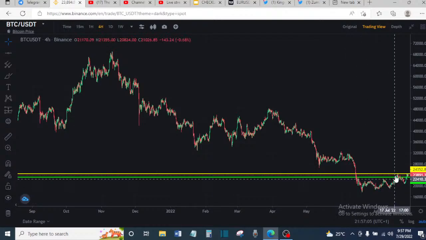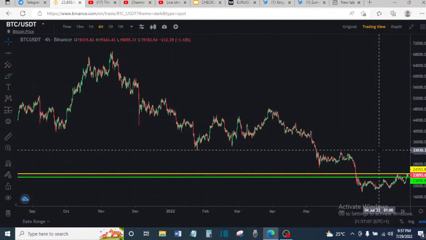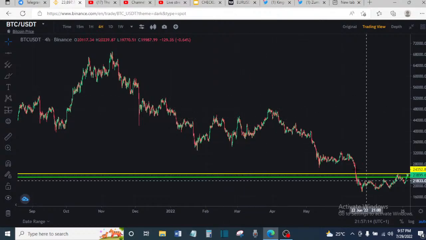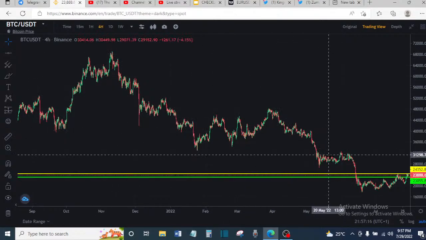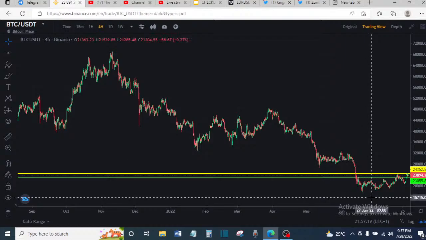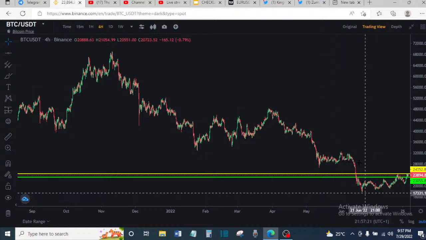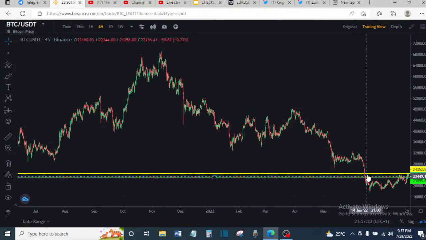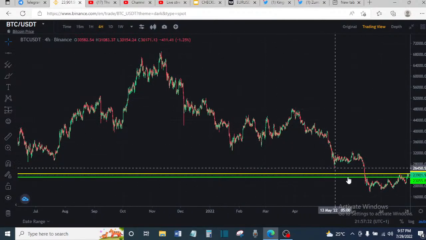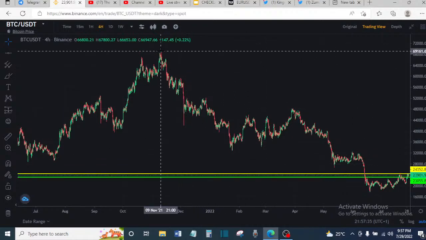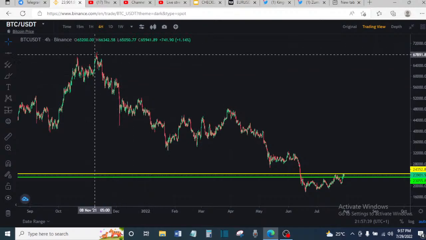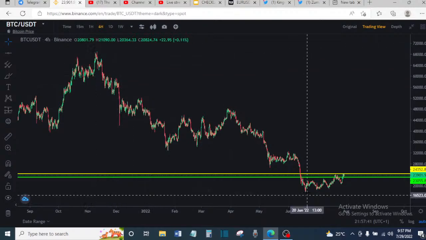Price can decide to buy up some of the sell-off, and can go as much as 50% of the sell-off, and even 61% of the sell-off. You can use Fibonacci to determine the extent of reversal you can have, to check where price can get to.